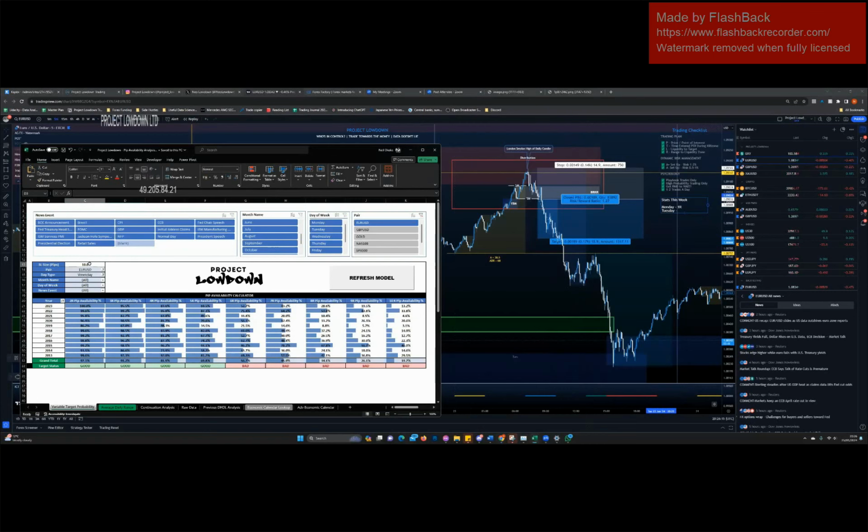So here we have a 15 pip stop. So we model it, and then we let the model tell us what our profit target is likely to be, what our chances are of hitting X amount of R. Because at the same time, we don't really want to choke the trade either, right? So in 2022, 4R possible, 5R 50-50, right?